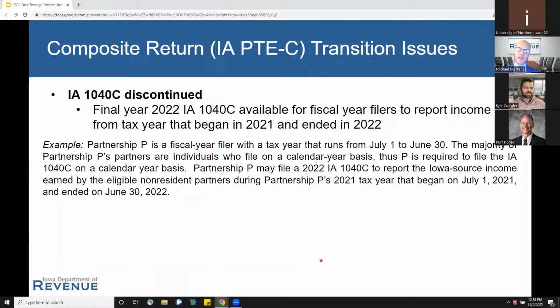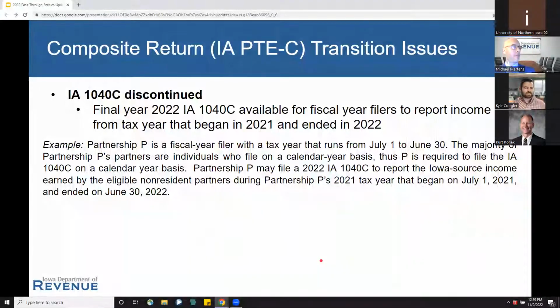And that is really because the new composite return law is measured by the pass-through entity's tax year. The old composite return law, the 1040C, was measured by the majority of the owner's tax year for which they were filing. So let's take this example of partnership P. This is a fiscal year filer with a tax year that runs from July 1st to June 30th.